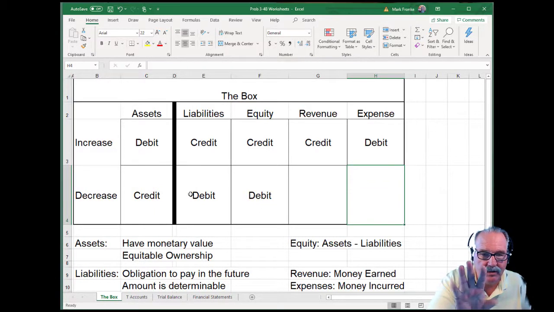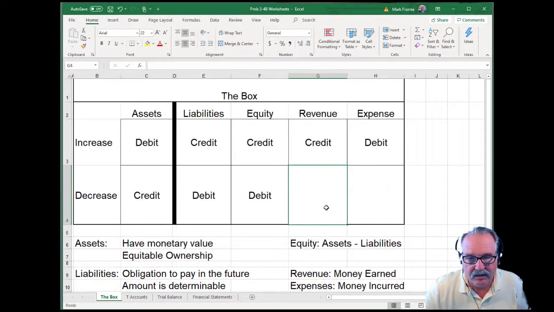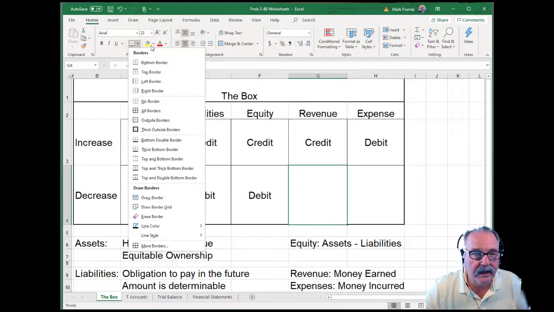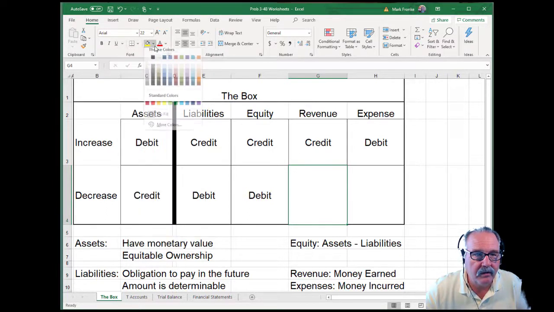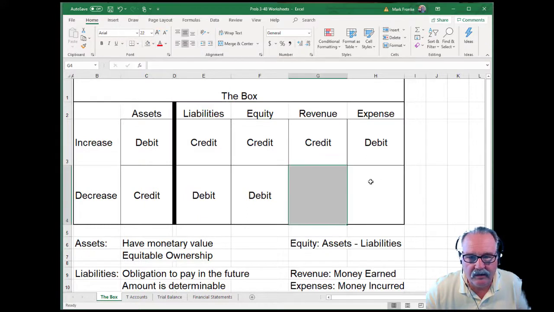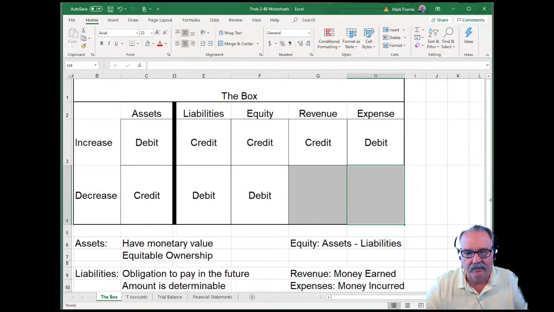So again, assets and expenses are debits; liabilities, equity, and revenue are credits, if that helps you a little bit. But we don't really need to worry about revenue and expenses going down, because they really don't go down. So I'm going to just gray out these two boxes here.